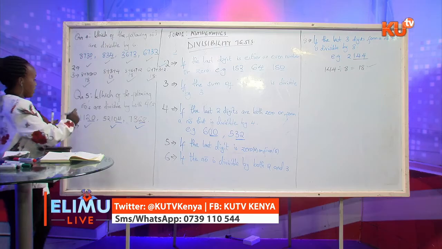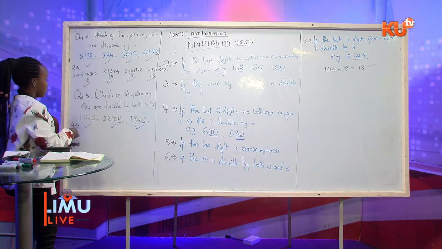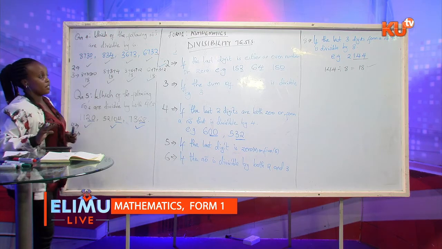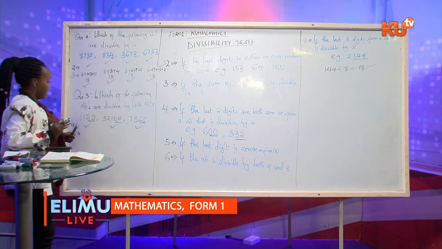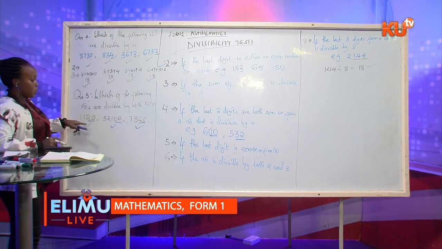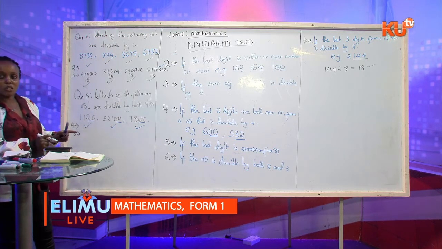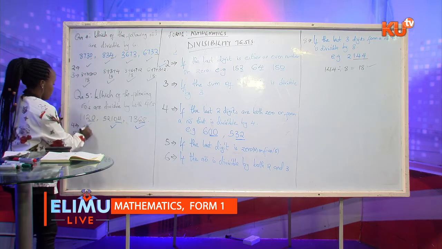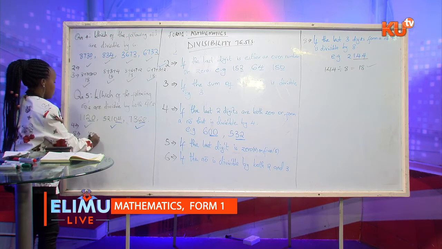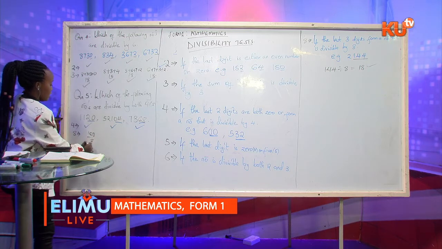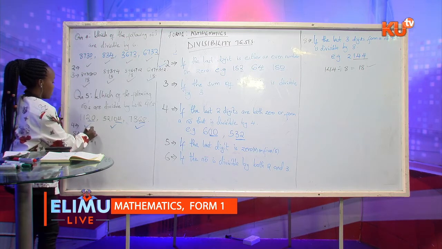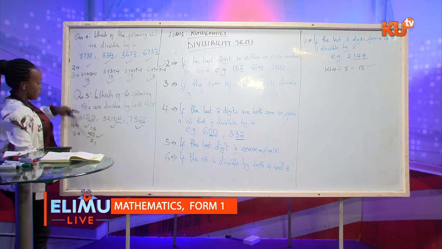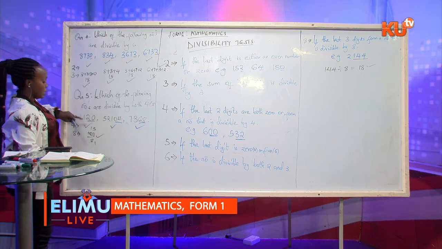Now let us test whether they are divisible by 8. A number is divisible by 8 if the last 3 digits form a number that is divisible by 8. As for 4, we looked at the last 2 digits; for 8, we are going to look at the last 3 digits. So our last 3 digits here are 120. Is 120 divisible by 8? 120 divided by 8 is 15, correct? So 120 is divisible by 8, meaning that this number is also divisible by 8.